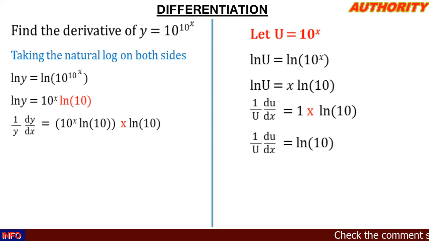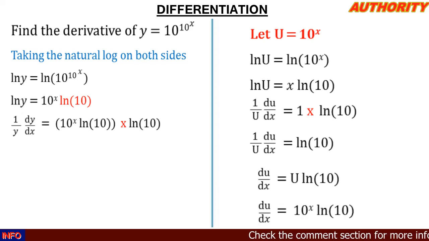Now let's clear this 1 over u from our left hand side, because we are looking for du/dx. So let's multiply both sides by u. That means we have du/dx is equal to u ln 10. But you recall that u is 10 raised to power x. Let's bring it back. So here we have du/dx is equal to 10 raised to power x ln 10.